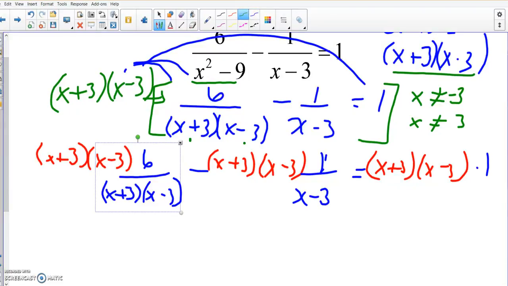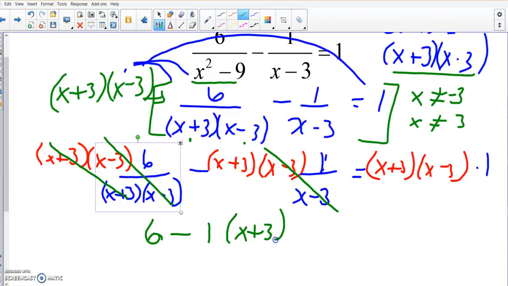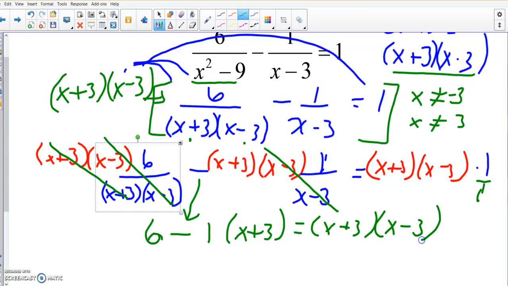The first term, some of you might notice that the x plus 3 and the x plus 3 and x minus 3 cross out. You're left with just 6 minus. In the second case, it looks like the x minus 3's cross out. You're left with 1 times x plus 3. Remember, the negative should be carried down, equals. Well, here, nothing seems to cross out because your denominator is 1. You're left with x plus 3 and x minus 3.